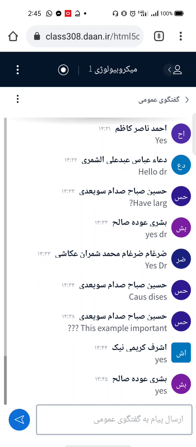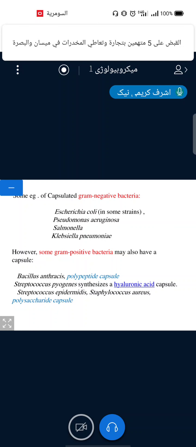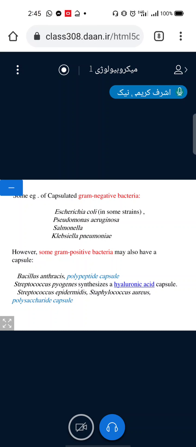Other gram-positive bacteria like Streptococcus pyogenes have a capsule too. It has a hyaluronic acid capsule.